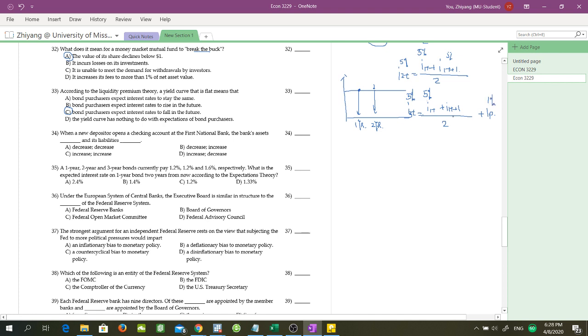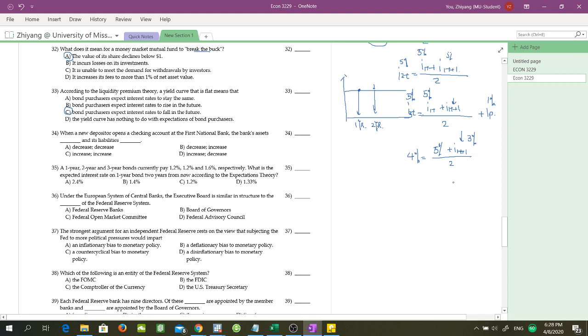Then when we're calculating the I1t plus 1, we have to take this 5% minus 1% first, which becomes 4%, so this thing becomes 3% instead of 5%.